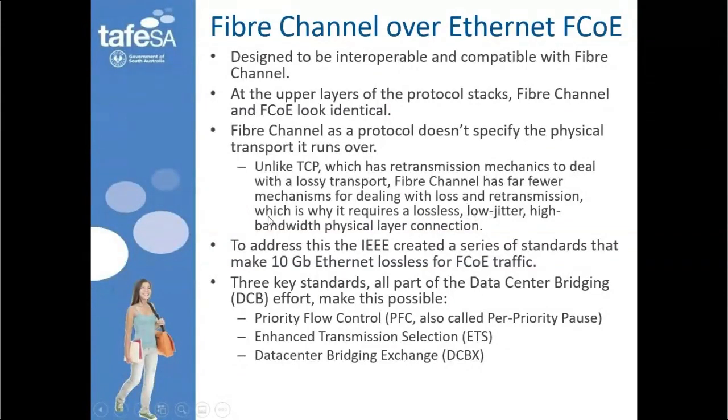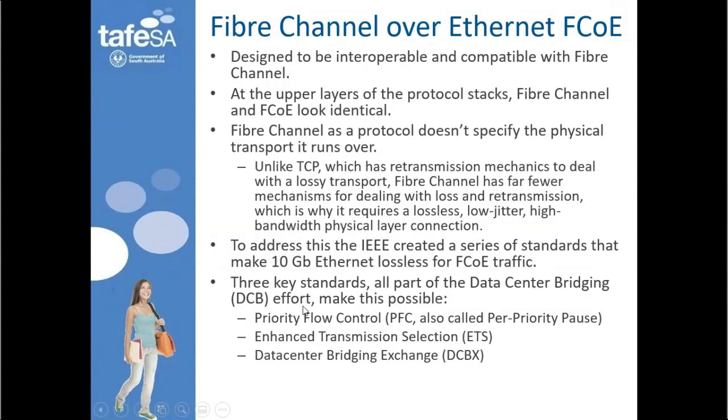Basically, we need a way of dealing with loss and retransmission, and this is why it requires a lossless, jitter-free, high bandwidth physical connection. That's what Fiber Channel wants. But to address these requirements, the IEEE created a series of standards to make 10 gigabit Ethernet lossless for Fiber Channel over Ethernet traffic. The 3 key standards are priority flow control, which is basically giving priority, enhanced transmission selection, and data center bridging exchange.